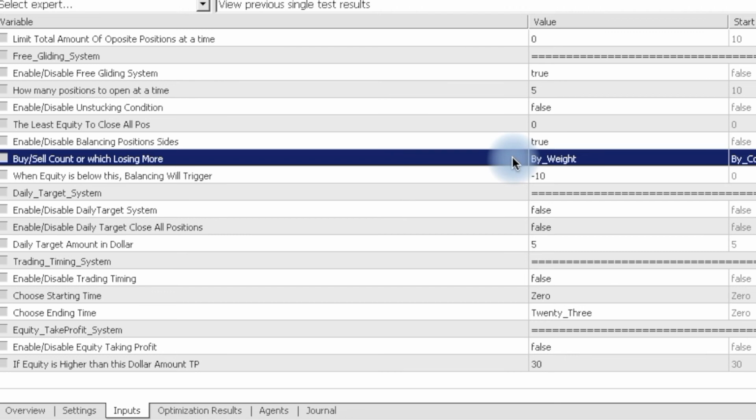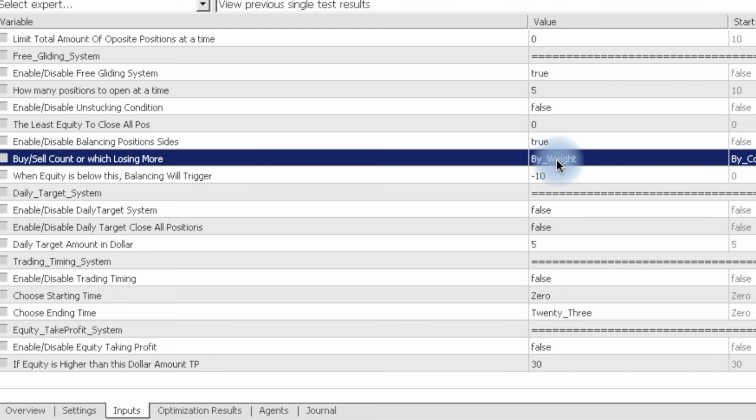So if I had 2 buy positions and 1 sell position, but the 2 buys are losing, and the 1 sell is winning, gaining, so the 4th position, if I use the weight, will also be a sell. Why? Because the buys are losing, so I want to counter that. So that's why I open another sell.